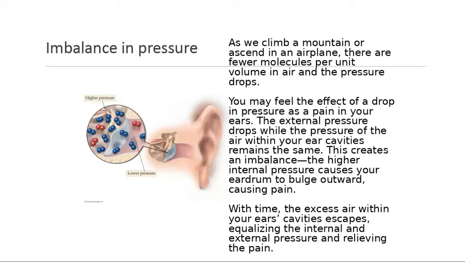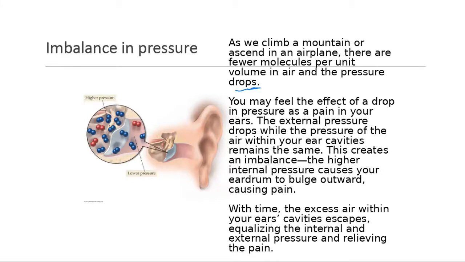That's because we have an imbalance in the pressure. There are fewer molecules per unit volume in the air and the pressure drops. As we are in the airplane, the pressure will decrease, so you may feel the effect of the drop in pressure as a pain in your ears.